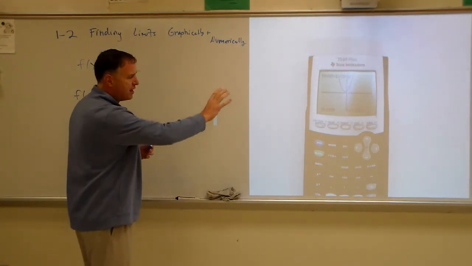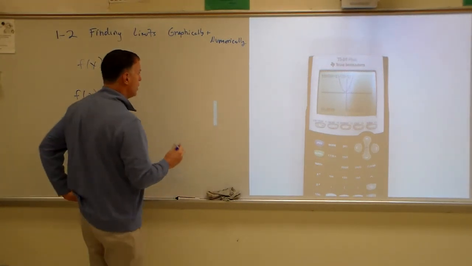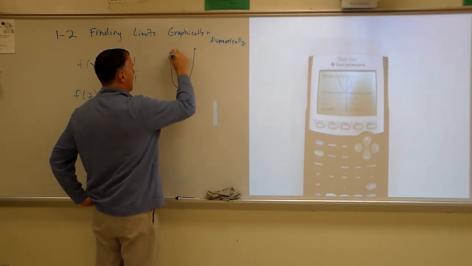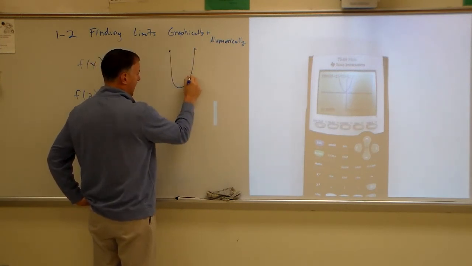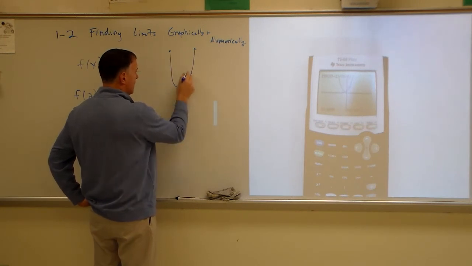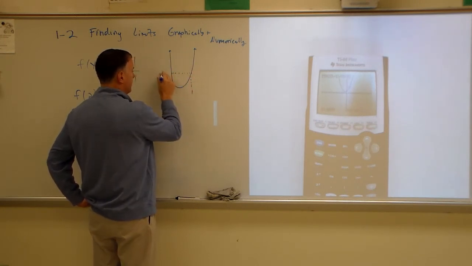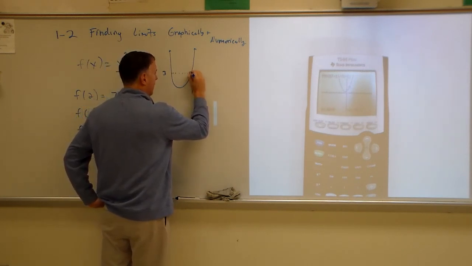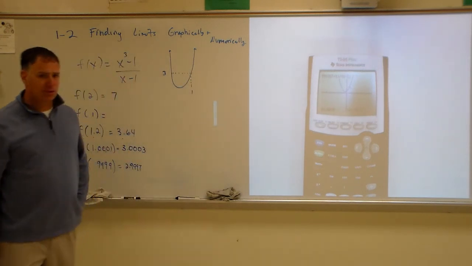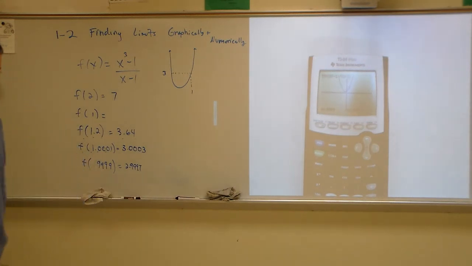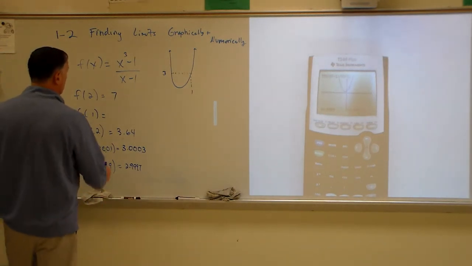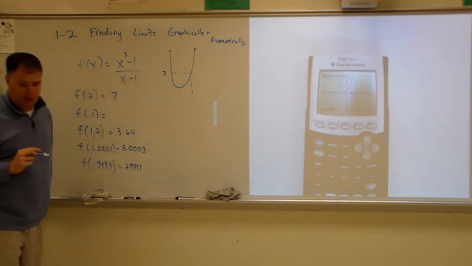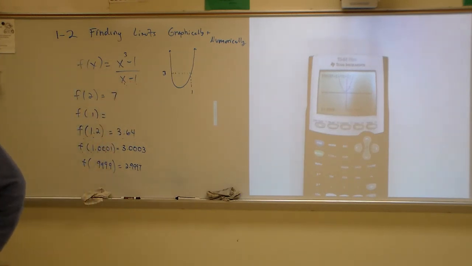There's something that you could do to this graph, and what you would see is, as it gets close to my x value of 1 and the y value we think is going to be close to 3, there's actually a break in the graph and there's an open circle there. That's because when x is 1, it makes this function undefined.